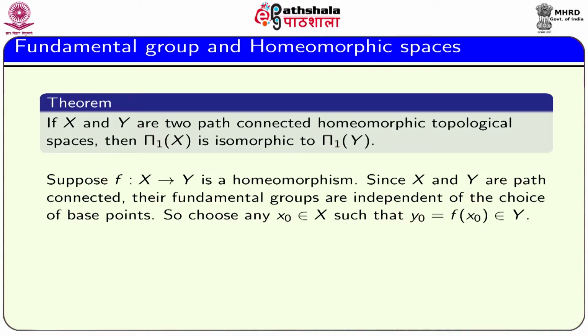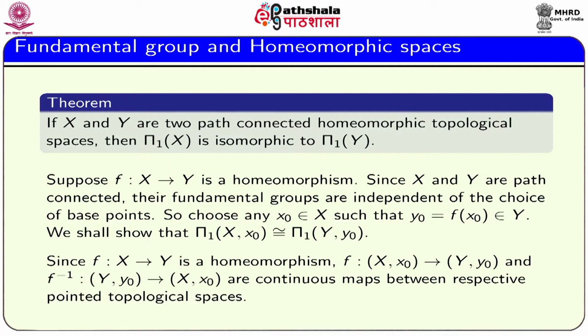Suppose f is the continuous function from X to Y, which is given to be a homeomorphism. Since X and Y are path connected, their fundamental groups are independent of the choice of the base points. So, choose any x0 from X such that y0 is f(x0). We shall show that pi1(X, x0) is isomorphic to pi1(Y, y0).